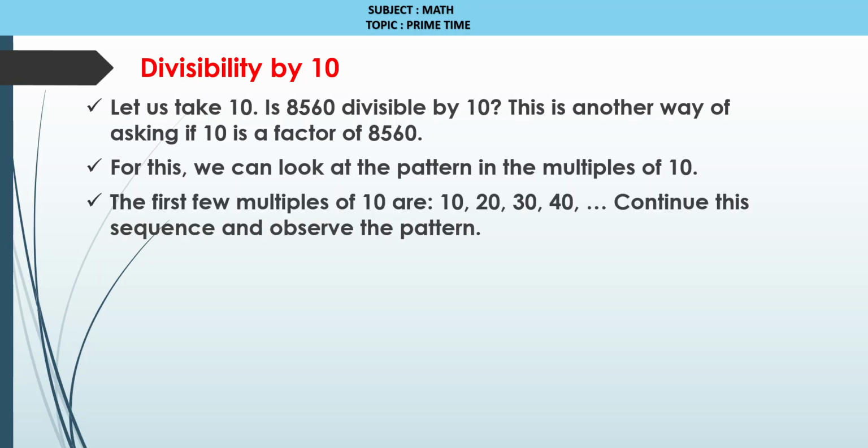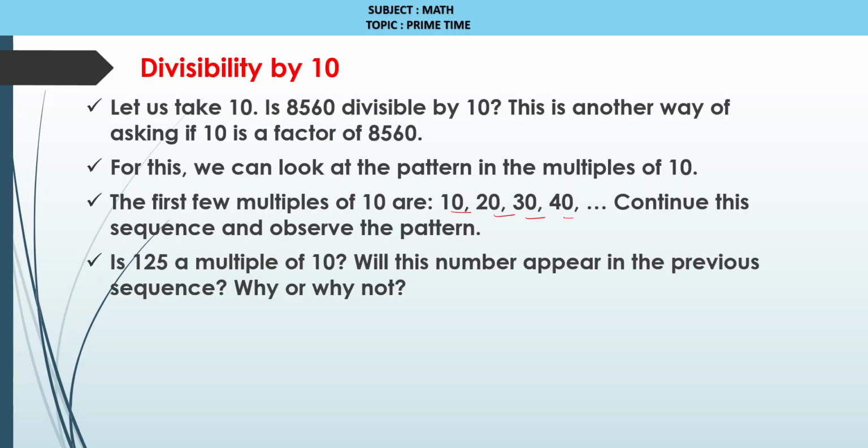The first few multiples of 10 are 10, 20, 30, 40, and if we continue this sequence, we get 50, 60, 70, 80. What we observe is that these multiples of 10 end with a 0.